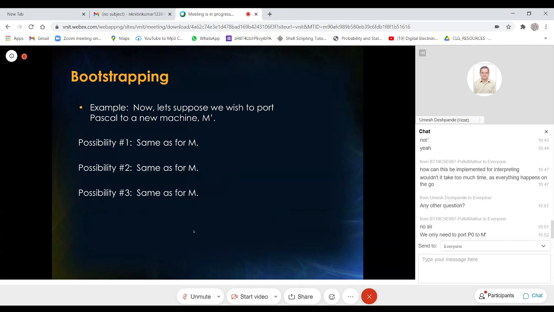Okay, but now we are more intelligent, and that's what Pulkit has actually told us. So we need to port this P0 which we have created, the small subset, and port it to M dash. Correct. My question is, what is the programming language that we will use, the implementation language, to write this translator?